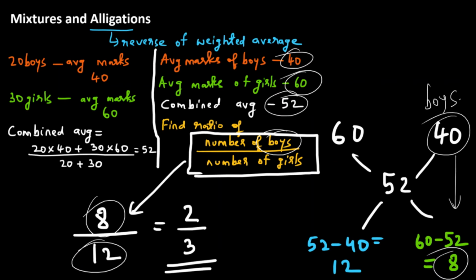Now, that means that if the number of boys was 2 and the number of girls is 3 and the average marks of boys is 40 and average marks of girls is 60, the combined average would be 52. Now, instead of 2 by 3, we could also take the number of boys as 4 and the number of girls as 6 or 8 and 12. It's the ratio that is constant. It's not the absolute number in this case that matters.